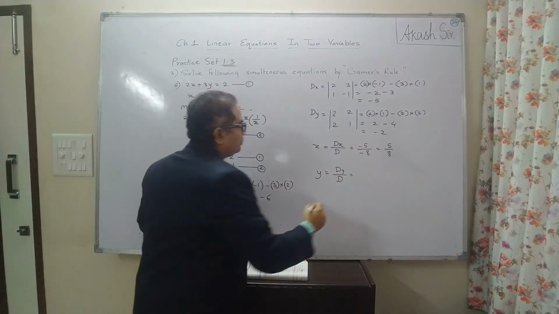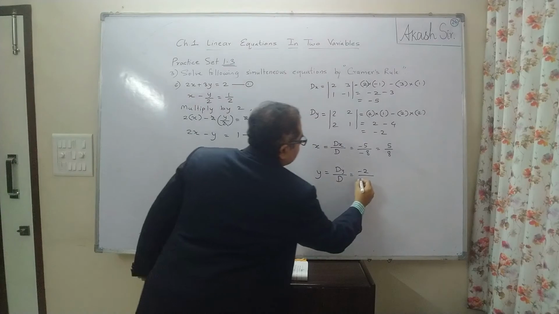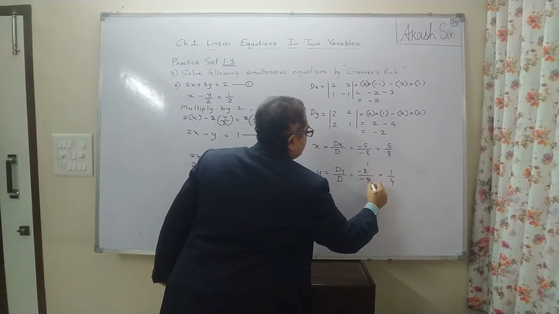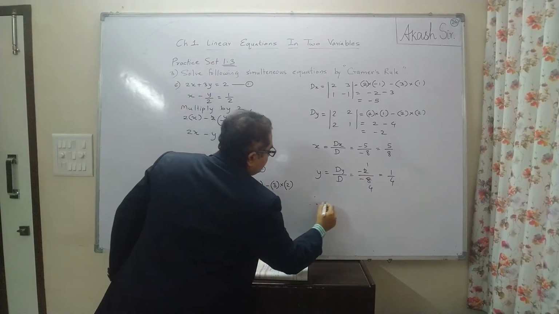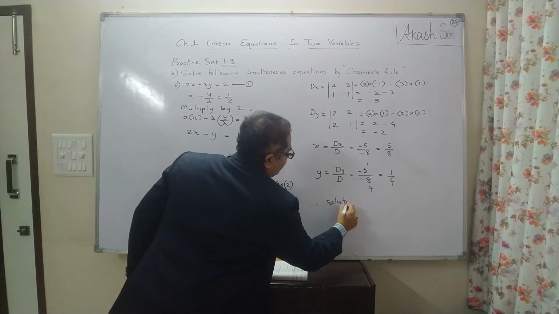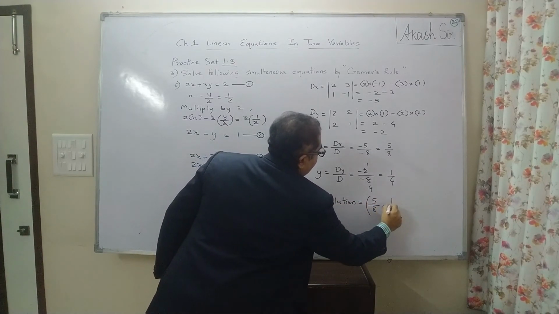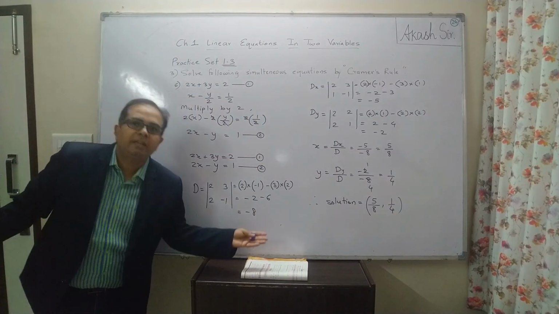It is minus 2 upon D, which is minus 8. So minus minus cancel, 2 1s are 2, 2 4s are 8, so 1 upon 4. So my solution is 5 upon 8 and 1 upon 4. Understood the example? Thank you.